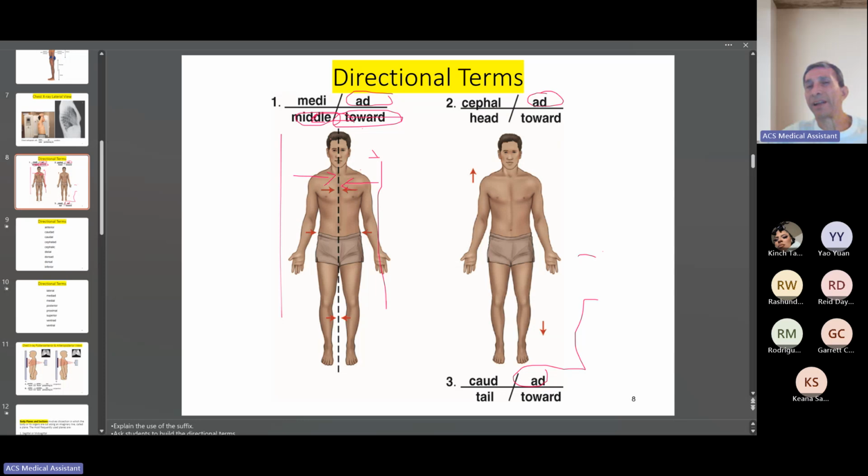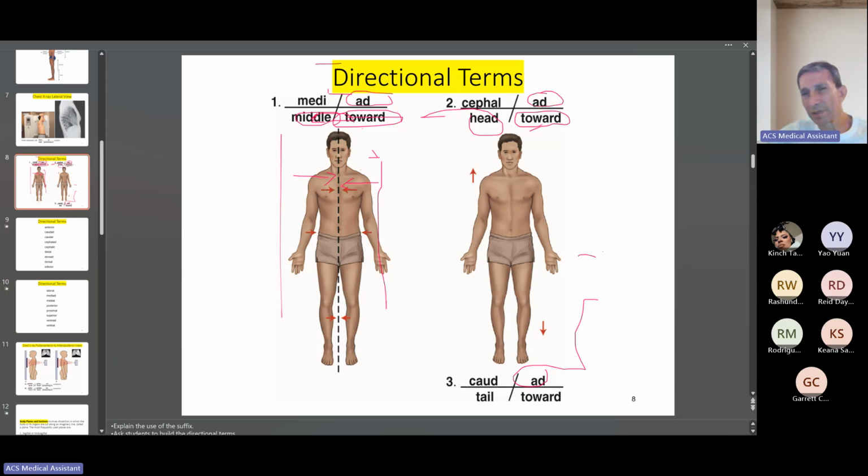So now we have AD. So when we pronounce it, we're going to say mediad, cephalad. It ends in AD. And AD means towards, moving towards that direction. If it is cephalad, it's moving towards the head. See? It's right here. Cephal, head, AD, towards the head.